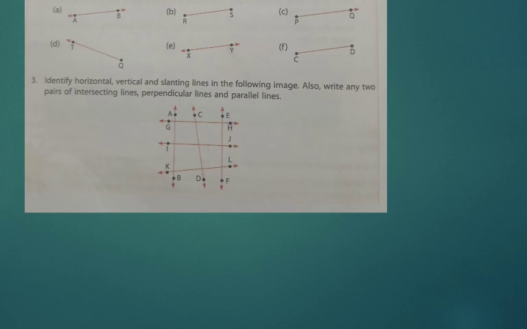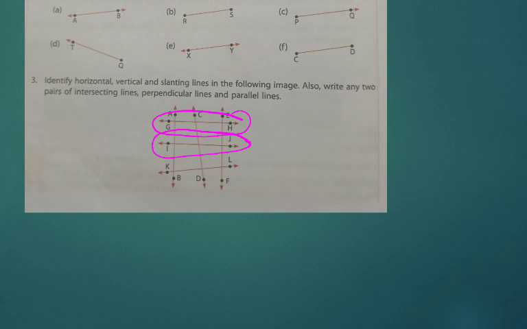Next, parallel lines. So which are the parallel lines? Parallel lines mean that they should never meet. So which are all the lines that never meet? AB and EF, both in the same direction. So these two lines never meet. This is one pair of parallel lines, and another is GH and IJ. So these will never meet, right? They are in the same direction, right?